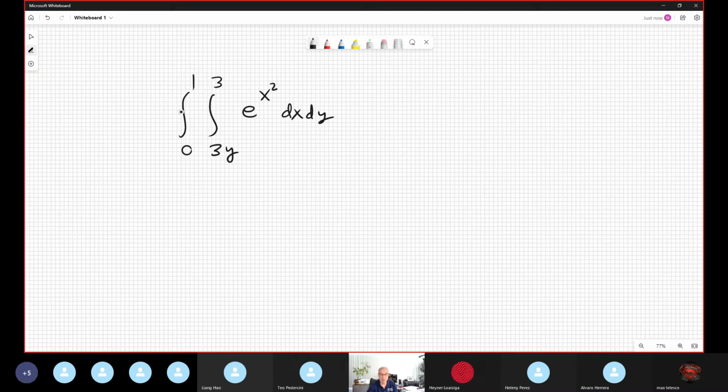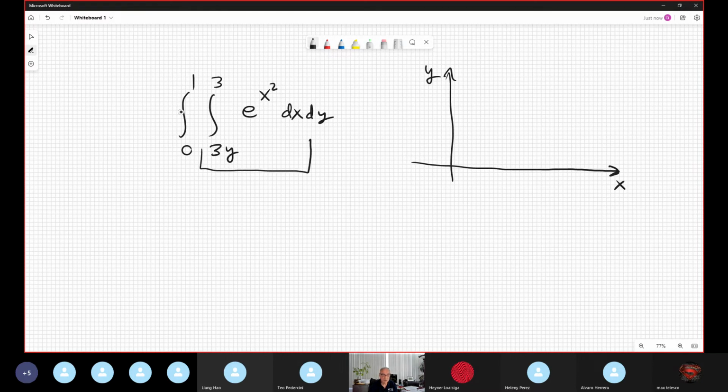Well, first of all, try to understand the region. I see that the student can set up this integral. The limit is this. So this is x bar. X bar varies from 3y to 3.